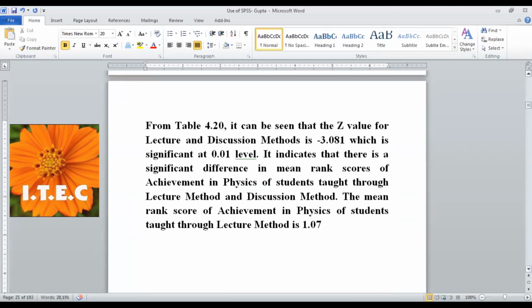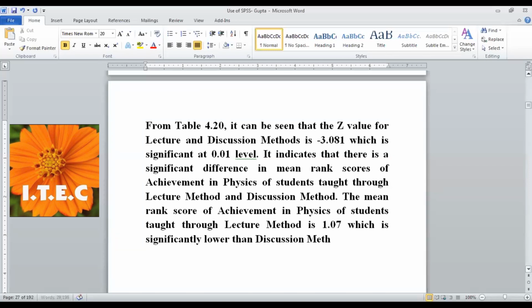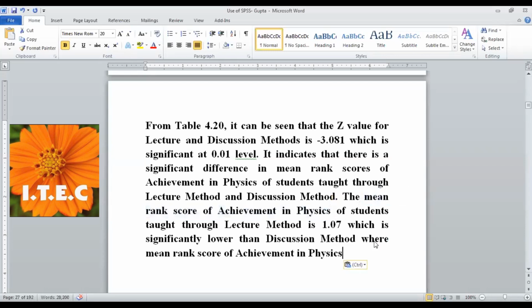So 1.07 is significantly lower than the discussion method, where mean rank score of achievement in physics of students is 1.97 or 1.93.